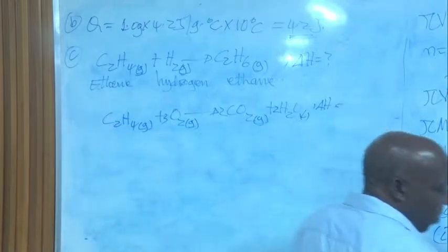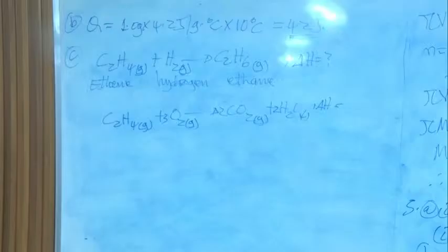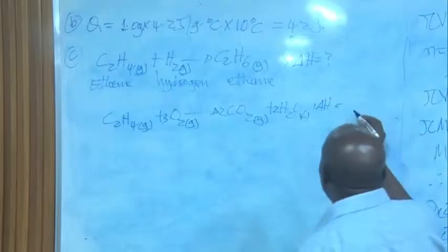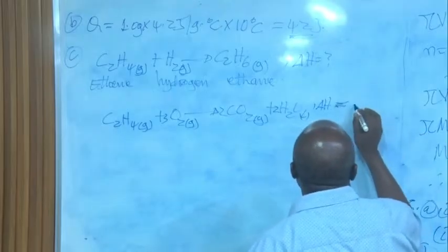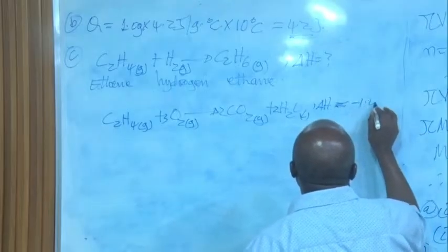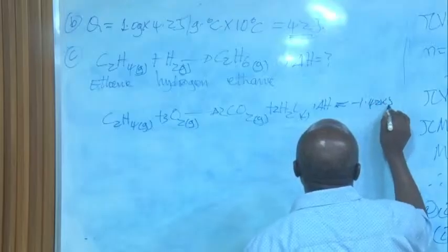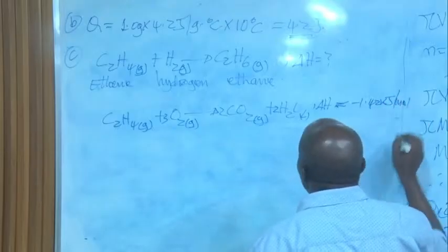So the enthalpy of combustion of ethene is minus 1.42, equal to minus 1.42 kilojoules per mole.